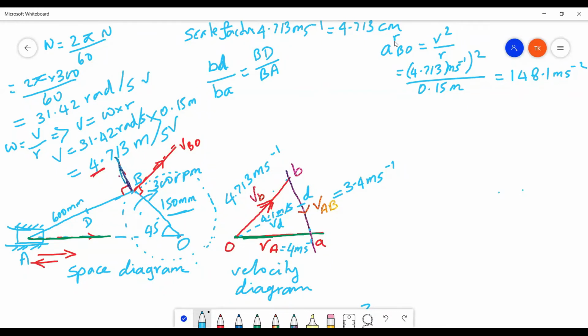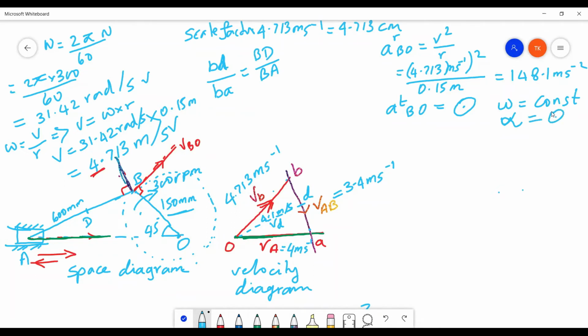Now I need to find the tangential component of the crank, OB. That is equal to 0, because in the question it is said that the crank is rotating at a constant RPM of 300. That is, omega is constant. So if omega is constant, alpha is 0.